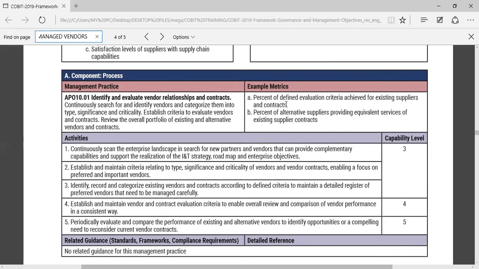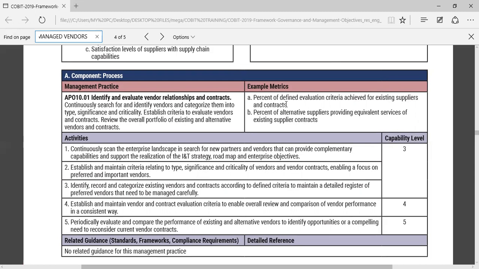How many of the vendors you already have actually met what I can call your pre-qualification criteria? Or was the company hired because it was the MD that recommended the company, or the chief procurement officer that brought the company?